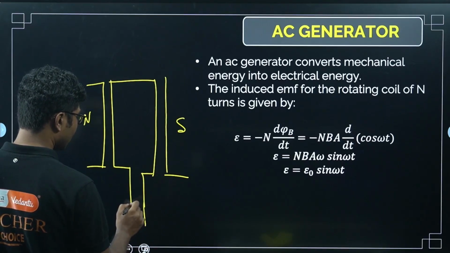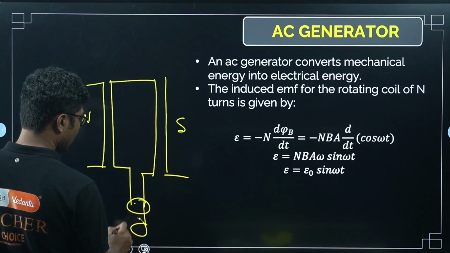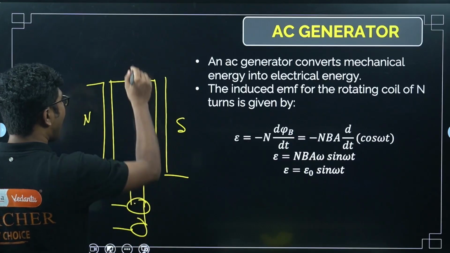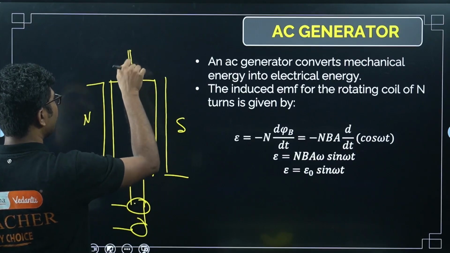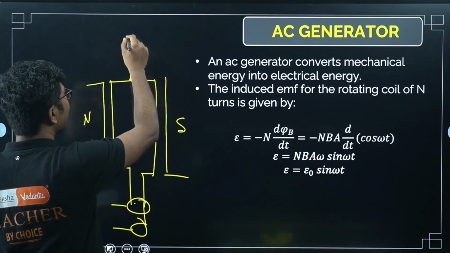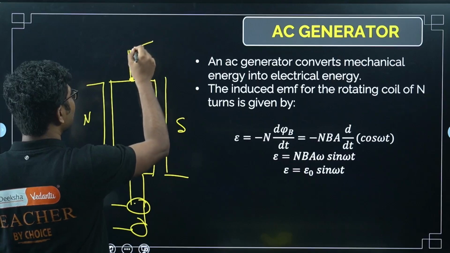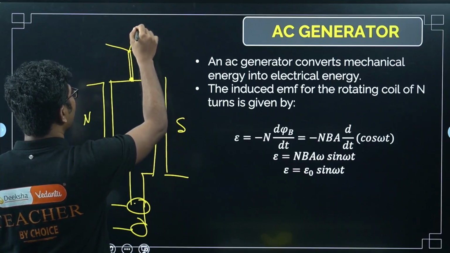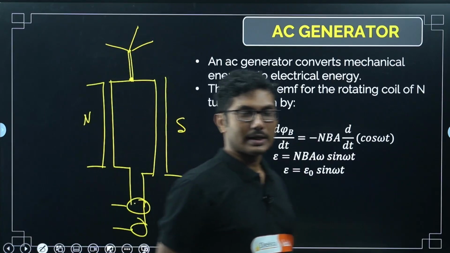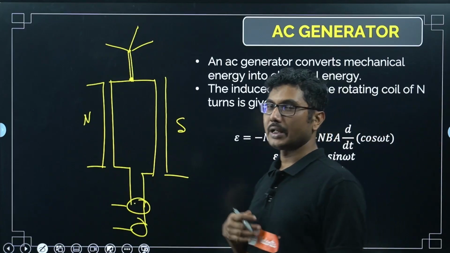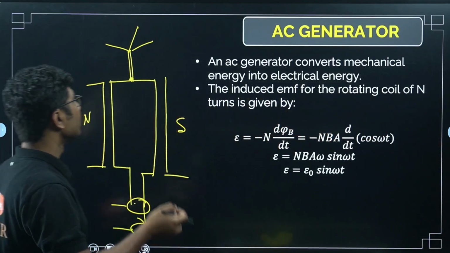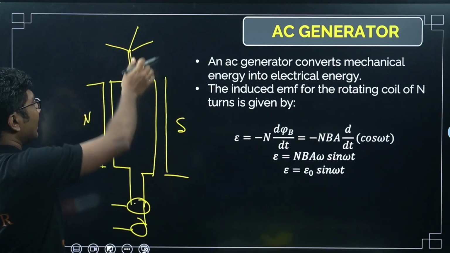They have some connection over here, and this is linked to a shaft. This is rotating. Now this may be linked to fans, like wind turbines, or a water turbine in a hydroelectric power plant, or a vapor turbine, like in normal power stations. So different things are linked to this coil.